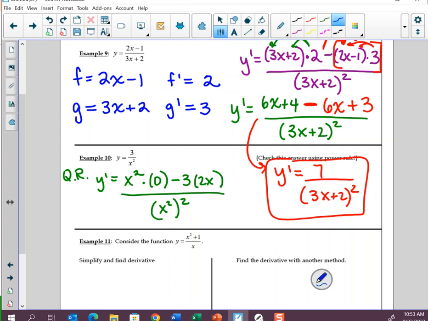Everyone all right with those pieces? All my highs and lows and D's. So I think we're going to look at 0 minus 6x. So negative 6x over x to the 4th, which is equivalent to negative 6 over x cubed.